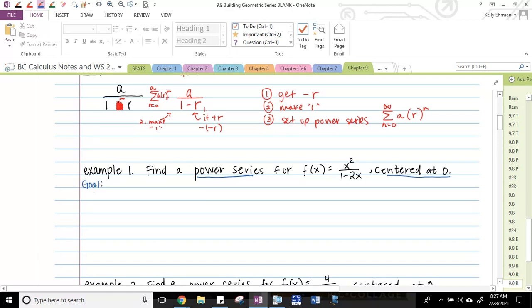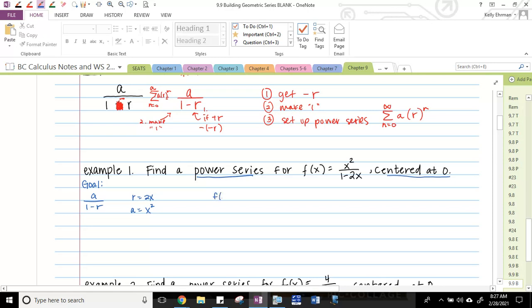The goal is to get this into the form a over 1 minus r, and maybe it's already in that form. We have the minus r, right? It says minus 2x, so r is 2x. And we already have a 1 right here. The 1 is done. That means that nothing had to get divided. So a is just the top part of the fraction, which is x squared.